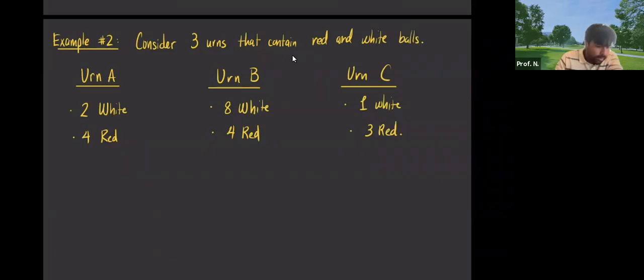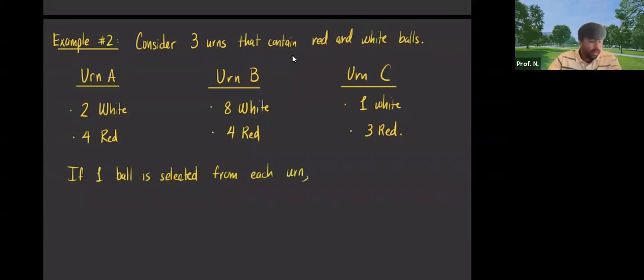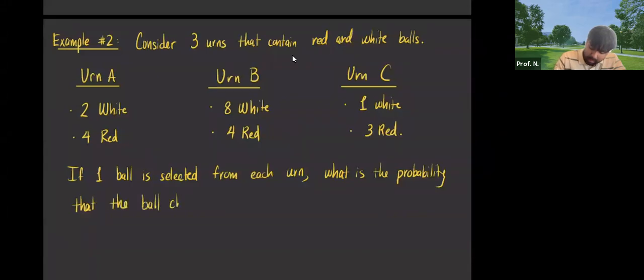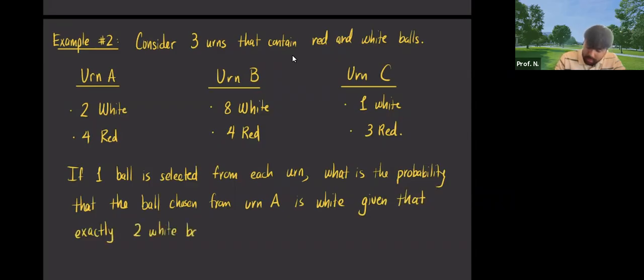And the problem is this: if one ball is selected from each urn, what is the probability that the ball chosen from urn A is white, given that, okay, conditional probability time, given that what? Exactly 2 white balls are selected.